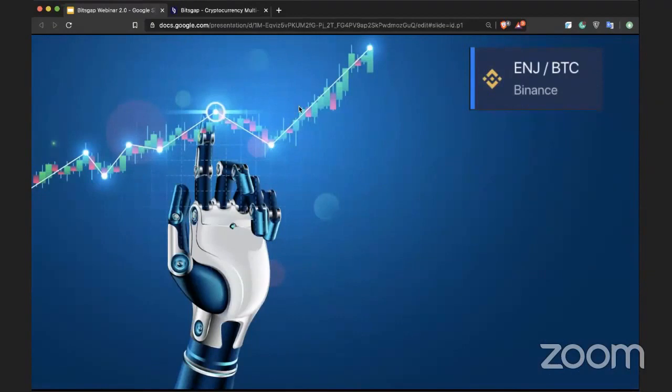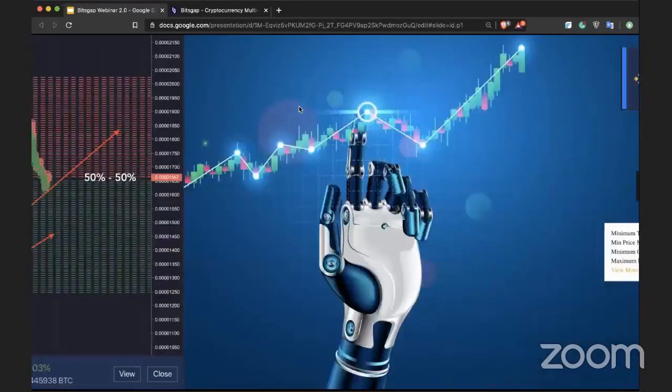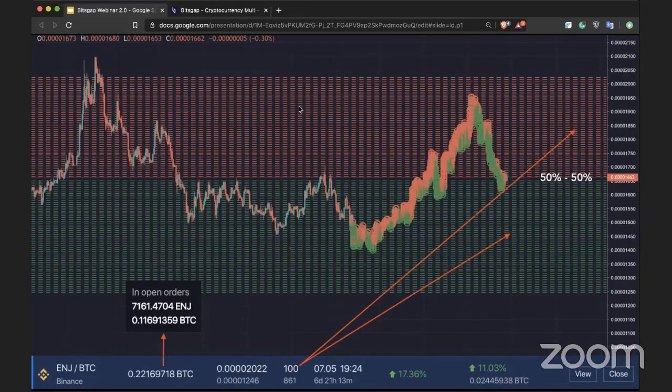Another one, it's ETH trading to BTC with these settings. This time, my strategy was optimal enough to capture the majority of the price swings as I had enough grid levels.